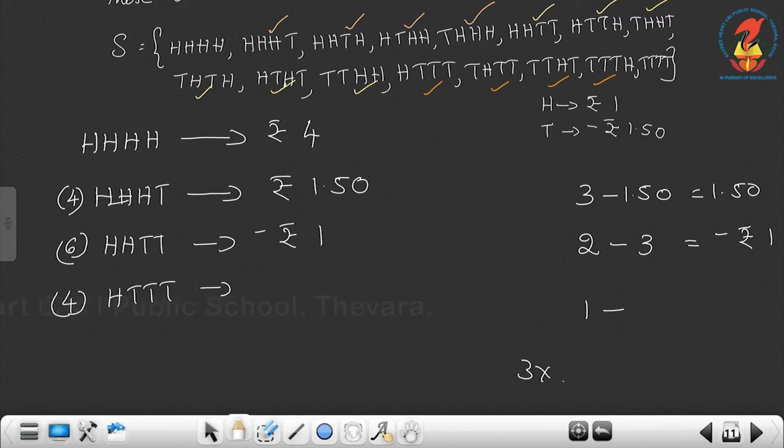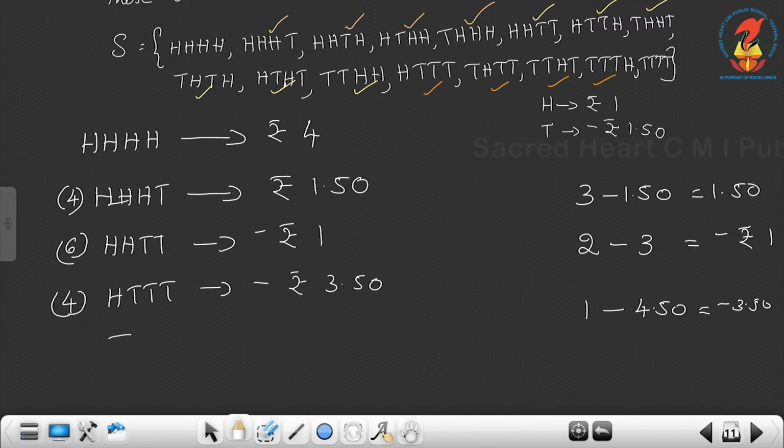So 3 into 1.50, that is 4.50. So 1 minus 4.50 is minus 3.50. Isn't it? So here minus rupees 3.50.